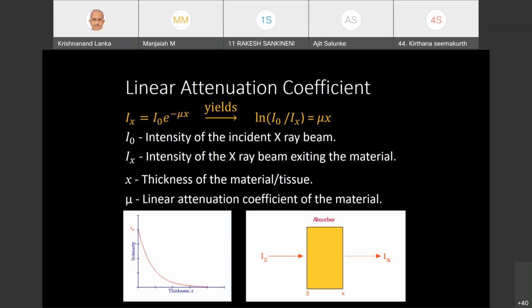The X-ray should pass through muscle, blood, bone, and this attenuation happens in different ways depending on the attenuation coefficient of the material. So when we are taking slices, we should also be estimating the linear attenuation coefficient of each of those materials. Why we have to estimate, let us see in the subsequent slides.